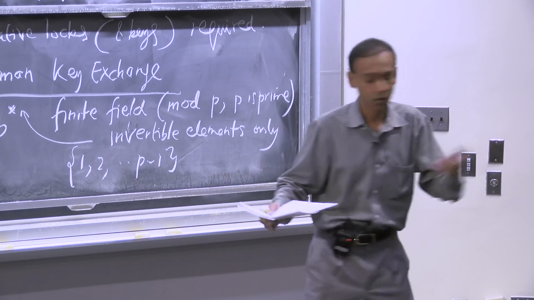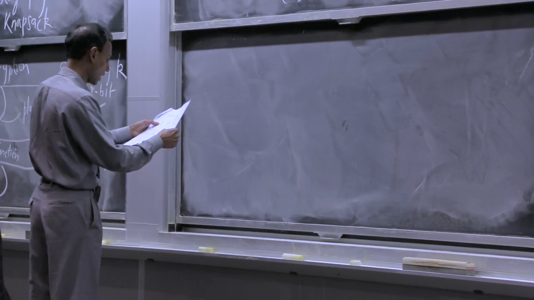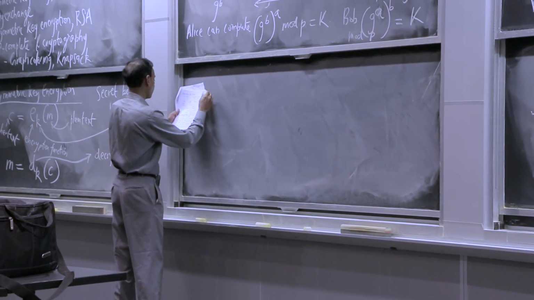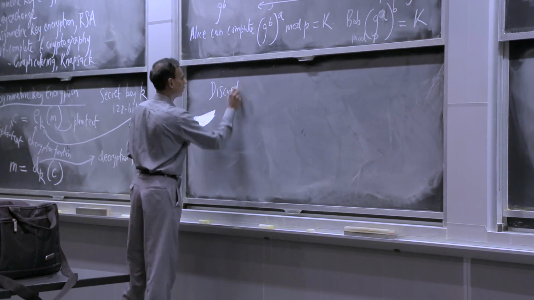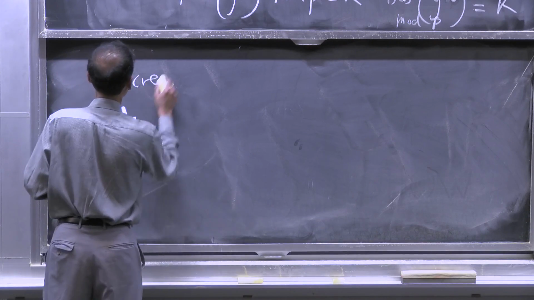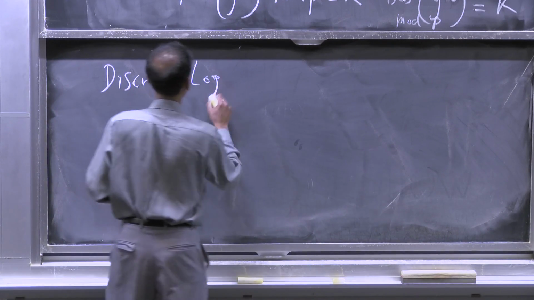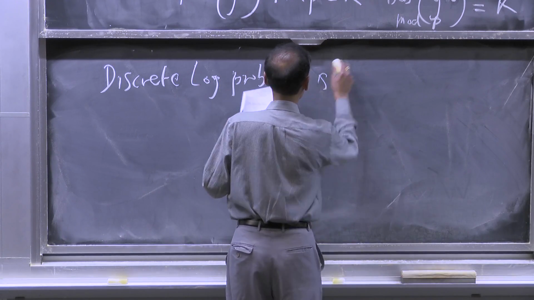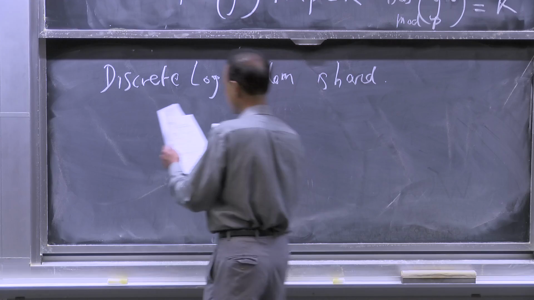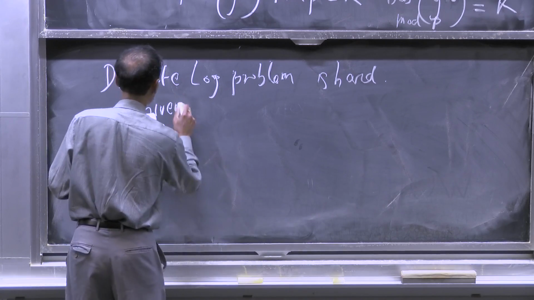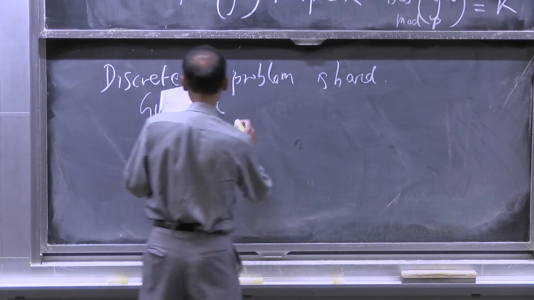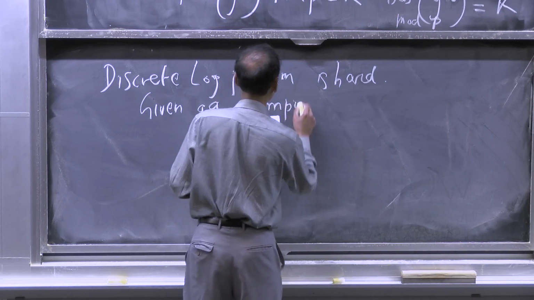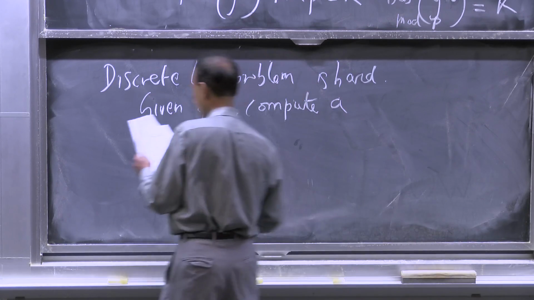All right? So that's the insight here that Diffie and Hellman had, which comes down to the discrete log problem is hard. And what this simply means is, given G of A, the discrete log problem is compute A. And the same thing for B, of course.